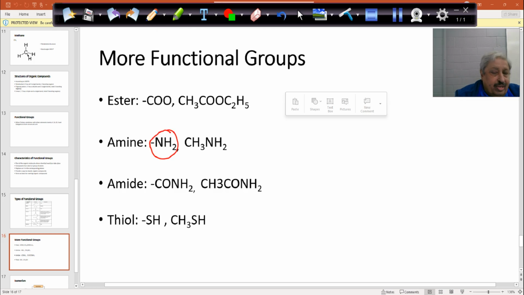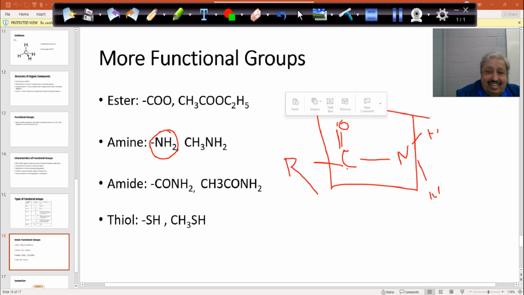The amine is straightforward, correct? It's the amino group. But sometimes you have the amine group with a keto group, a double bond here, and this is R. This type of structure, carbon, nitrogen, and then the oxygen double bonded to the carbon, is called an imide.